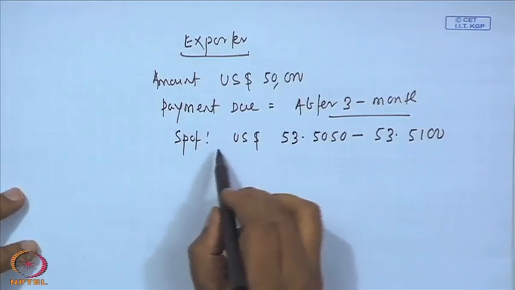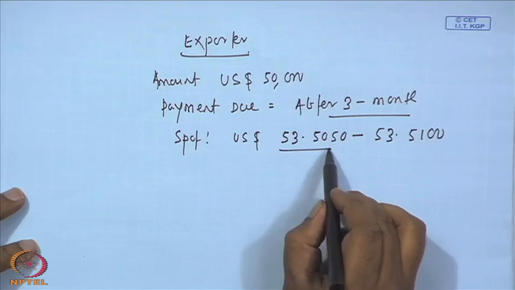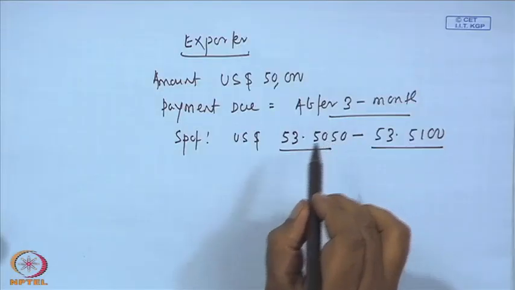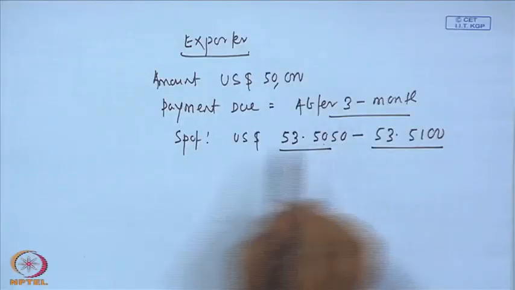Since the exporter is exporting and getting US dollars, he needs to convert the US dollars to Indian rupees. He will be getting 53.5050 if he receives the dollars on the date of shipment.